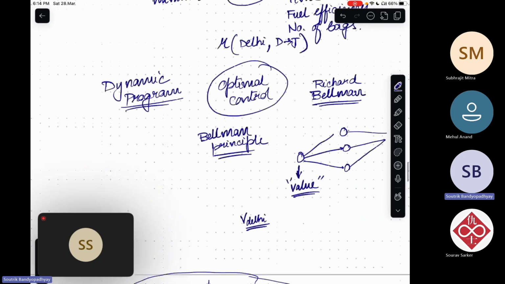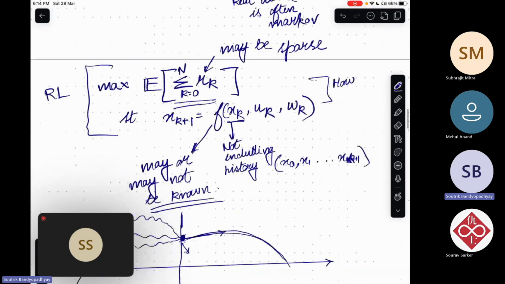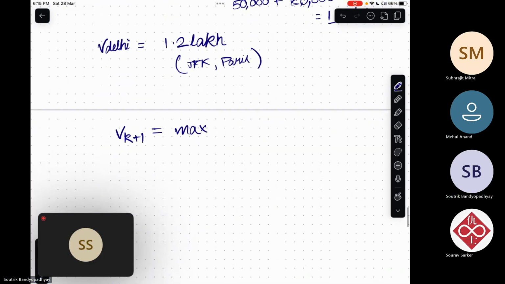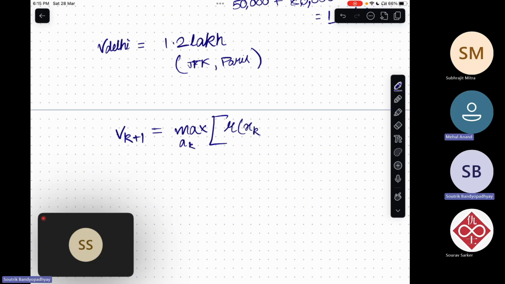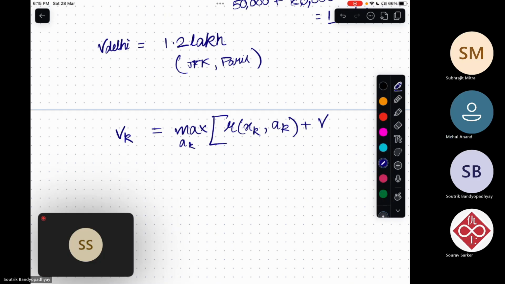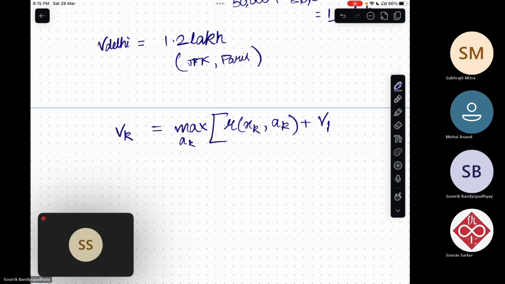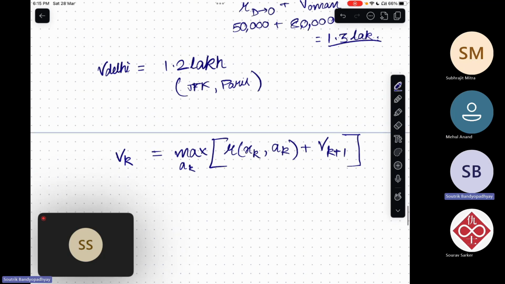But if we have a maximization problem over here, which was like this, we would have maximum over all possible actions that you can take, the current state xk, current action ak, plus the value at v of k plus 1, right? Does that make sense?